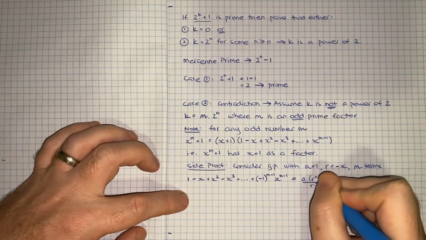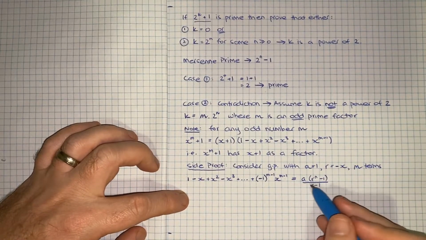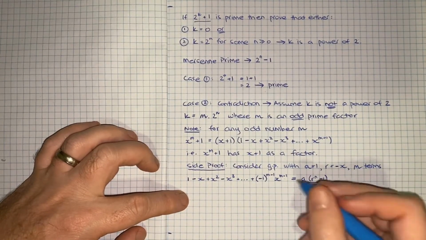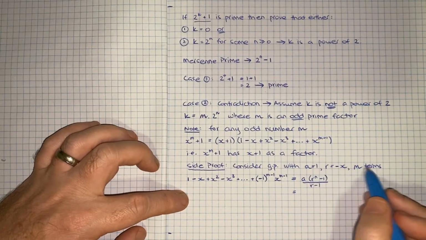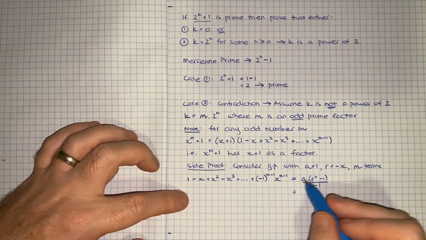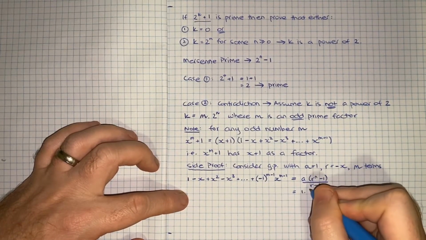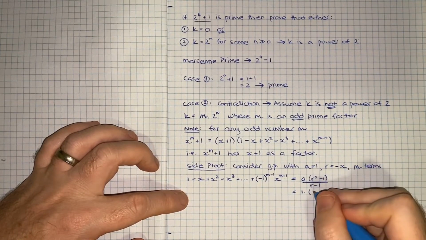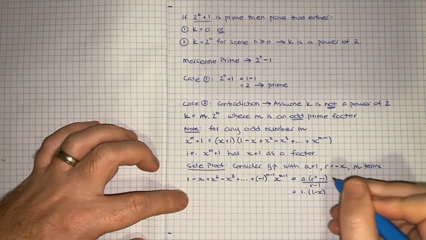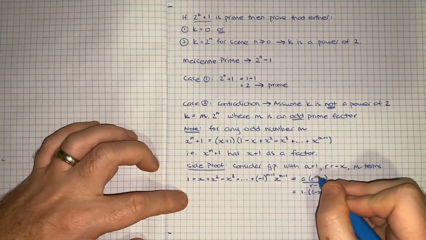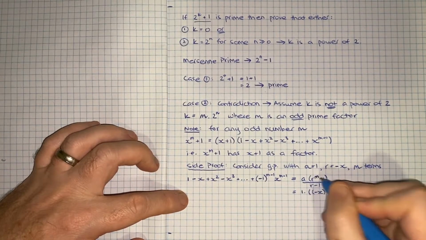That's the generic result for how you sum a geometric progression. So if we just substitute our inputs, we'll get a is 1 times r is negative x to the m, sorry, because there's m terms in this GP.